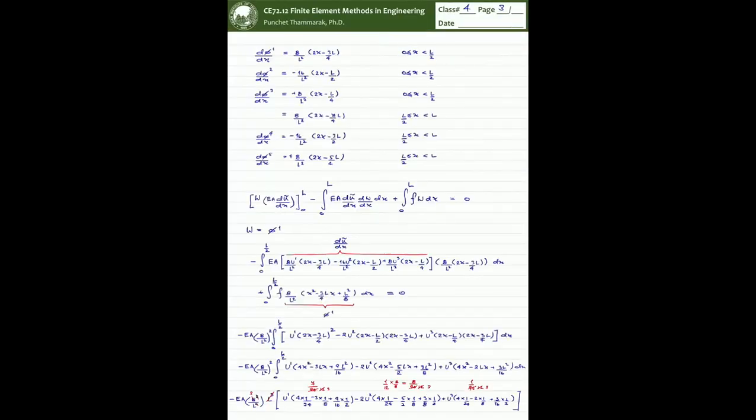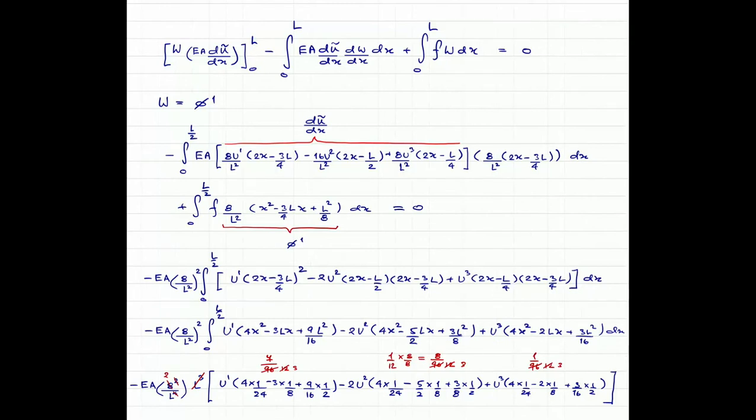Now let's take a look at the integration here. So we have f multiplied by 8 L square, integrate x square. Again you get what? L square over 24 minus 3/4 L, that's L cube, L square over 8, and plus L square over 8 times L over 2 like this.